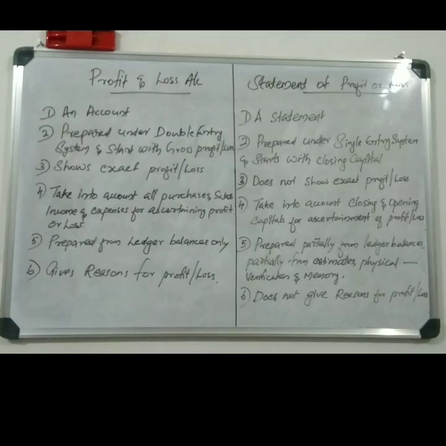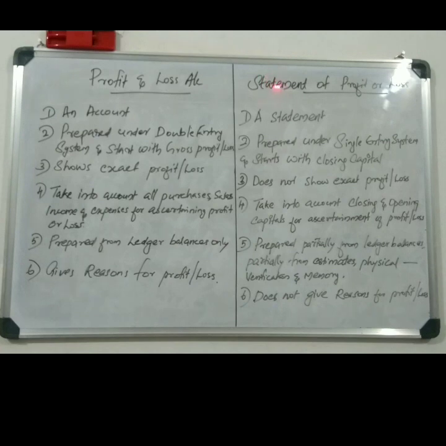Let us see the differences between profit and loss account and the statement of profit or loss. Profit and loss account is an account which is prepared under the double entry system of accounting. It starts with the gross profit or gross loss, because profit and loss account is an extension or continuation of the trading account.